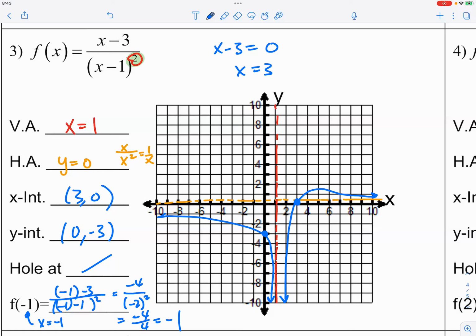So if I draw my graph more perfectly, I should include a point right here. Now, what I did earlier, if you show that, that's fine too. But since we have f of negative 1 being negative 1, I guess we can put an effort to make the graph look a bit nicer.